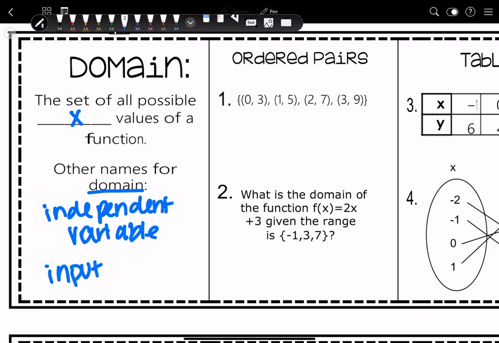You want to remember that you are nice, polite people. So when we are listing out domain, we are doing it from least to greatest, inside of these curly brackets. If you ever have repeats, remember, mathematicians are lazy. We're not going to write it more than one time.